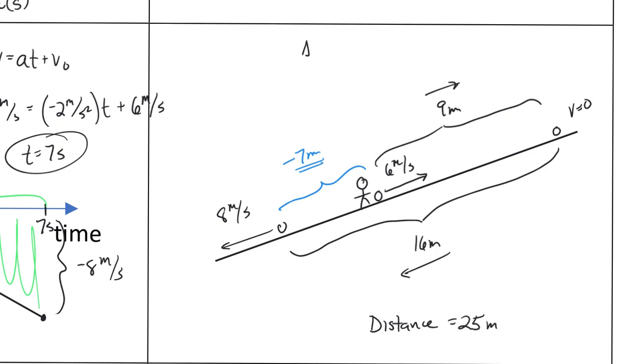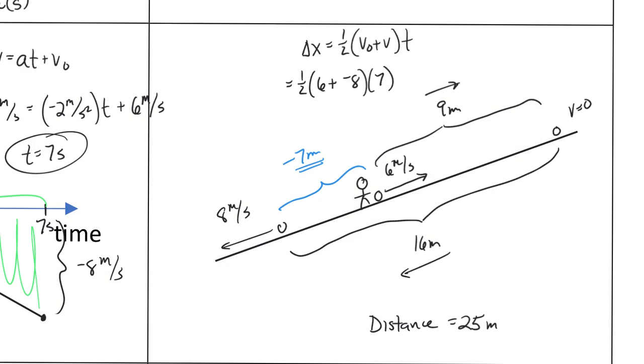And we can kind of prove it. Delta x equals 1/2 (v naught plus v) times t. This is our trapezoid formula. So v naught was 6, v was -8, time was 7. Right?